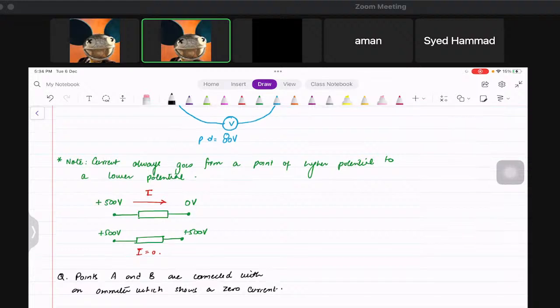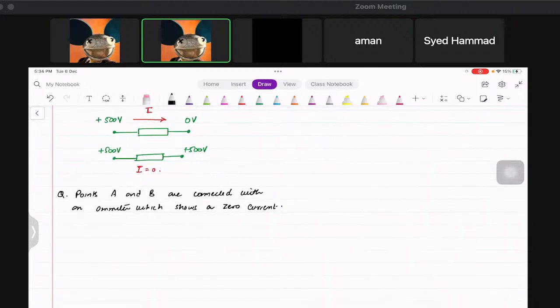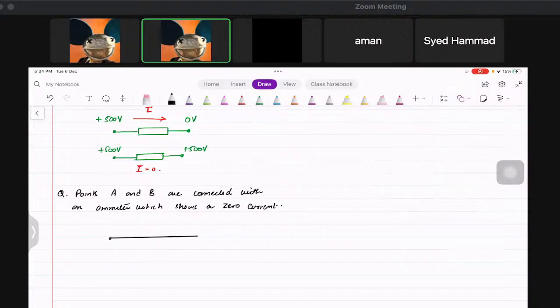So they have given points like P and Q, and in the middle we have A, and then in the wire R and S, and here we have P, and between this we have an ammeter.